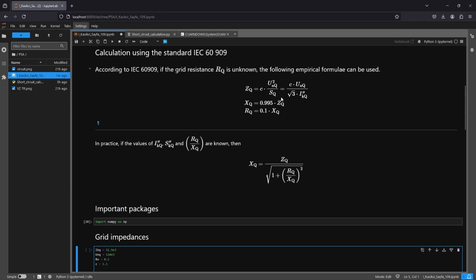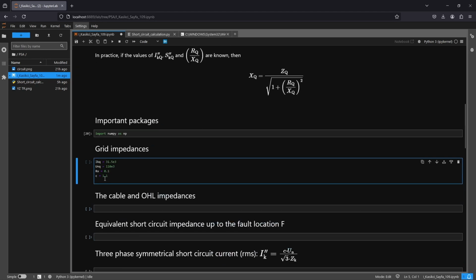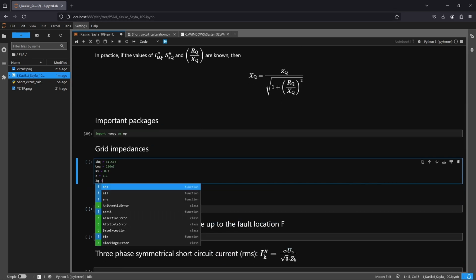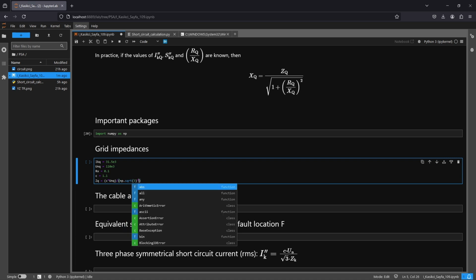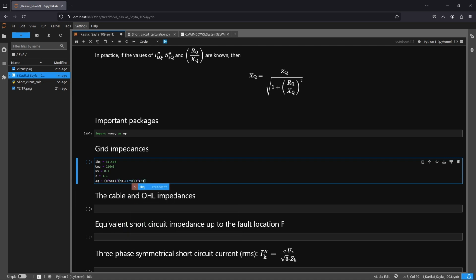So we write ZQ is equal to c multiplied by UnQ, divided by square root of 3 times the current IKQ. This should give us the impedance. Now this impedance is the magnitude of the impedance. Let's continue.